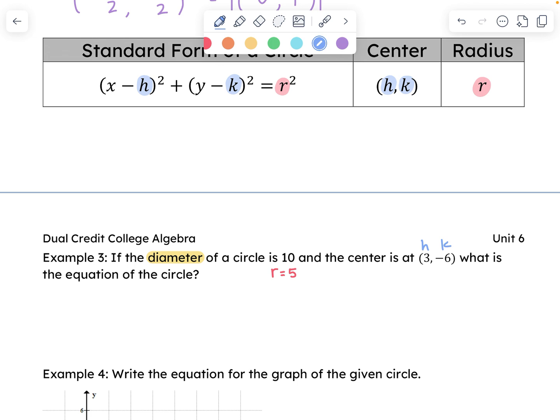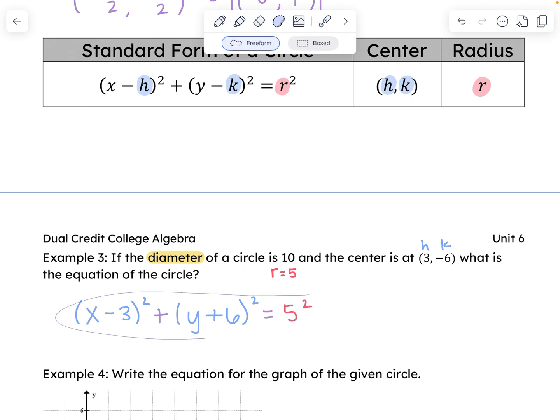So using my h and my k, I'm going to have x minus h, so (x minus 3) squared, plus y minus k. So y minus -6 really means y plus 6, squared, minus the negative becomes plus. And it's going to equal my radius squared, which is my 5 squared.